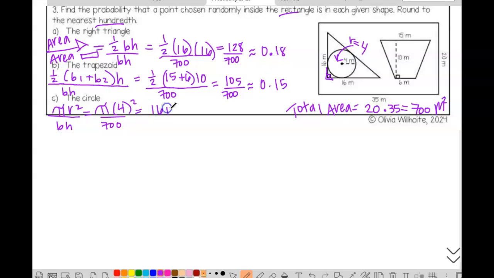So this would be 16 pi over 700. But this one tells us to round, so we are going to multiply, and it's going to round to 0.07.